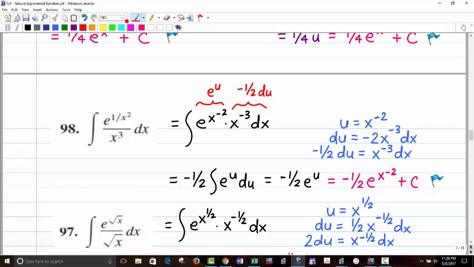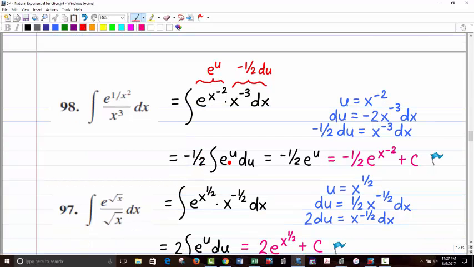And there we go. So you can see what I wrote in red above the integral. The first part's obviously e to the u, but the rest of that would just be represented as -1/2 du. And there we go. Once you get into that form, that's the key.